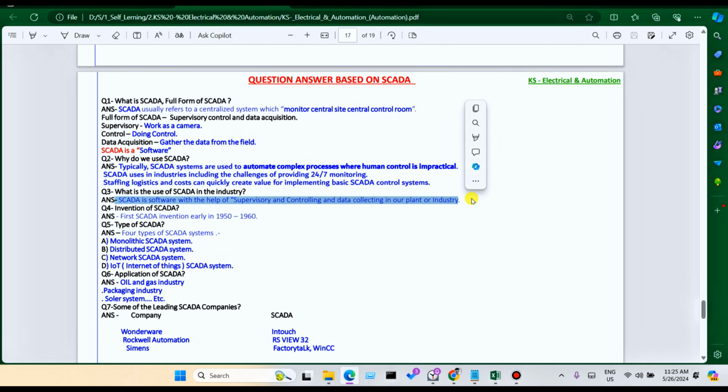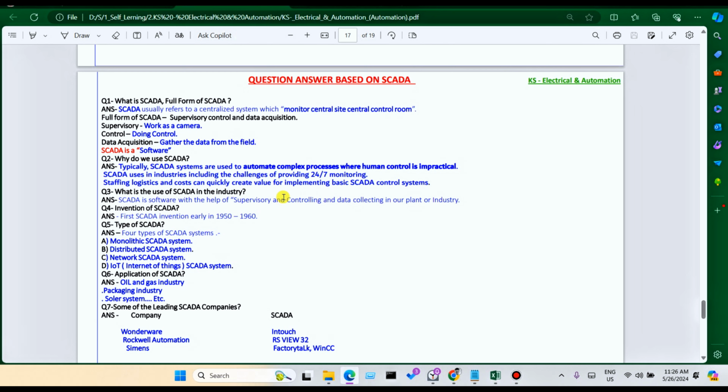We can easily supervise, control and take data from the plant, for example from level transmitter, flow transmitter, temperature transmitter, conductivity transmitter, weight transmitter, weight indicator and mass flow indicator.